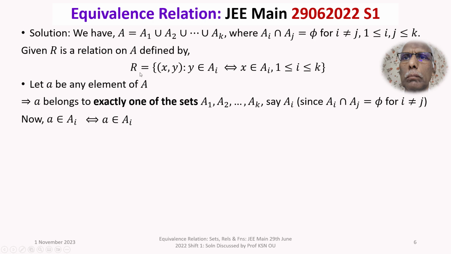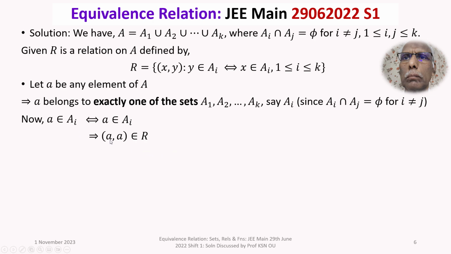Now apply the definition of the relation R. So y belongs to Ai implies and is implied by x belongs to Ai, which tells you the ordered pair (x, y) belongs to R. So from this what you get is the ordered pair (a, a) belongs to R by the definition of the relation R.